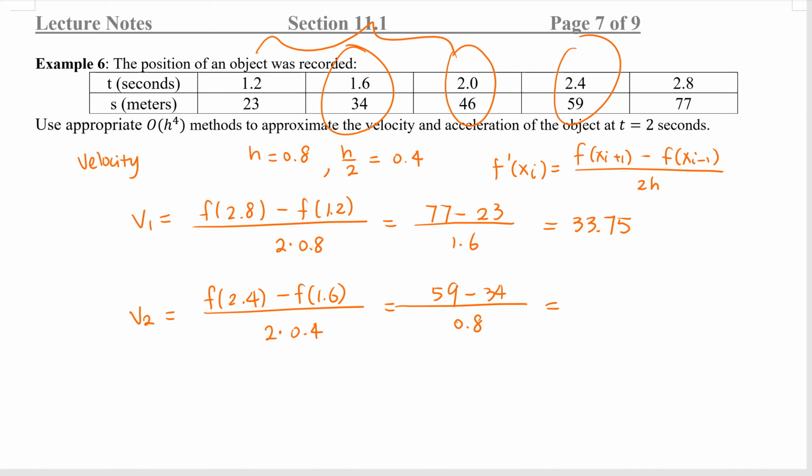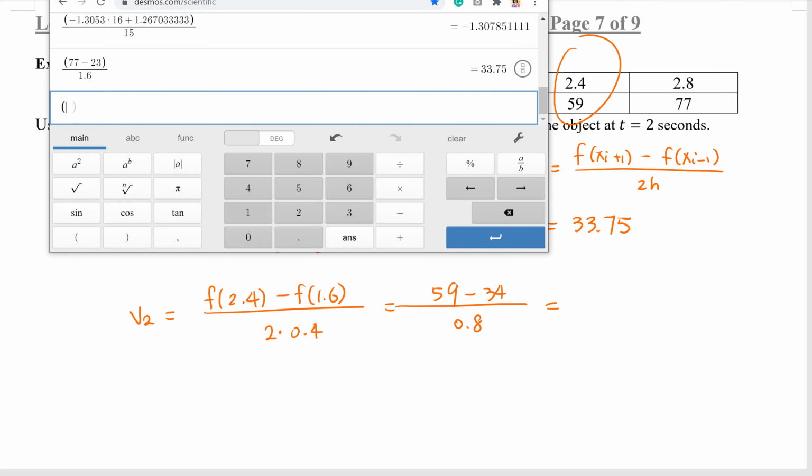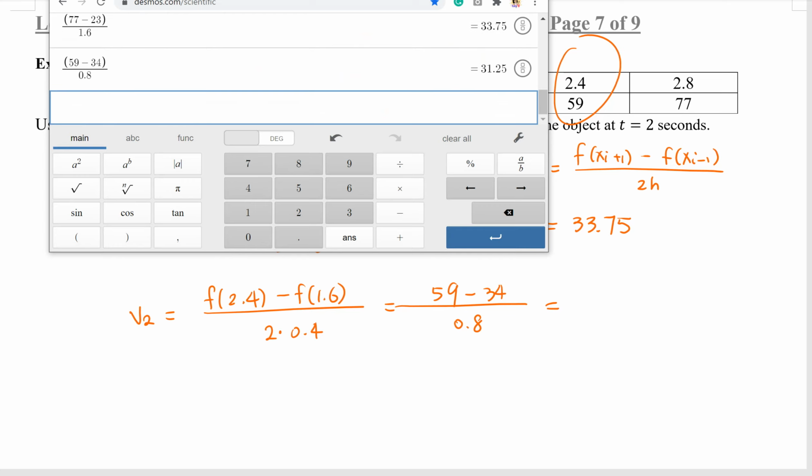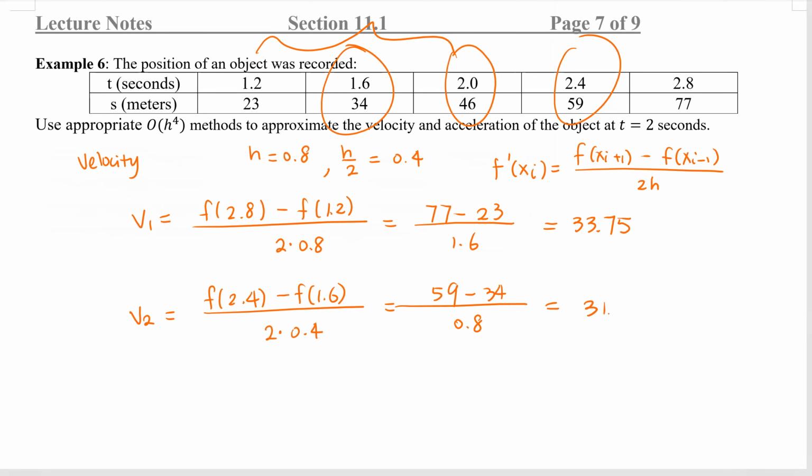So we get 59 minus 34, divided by 0.8, 31.25. Okay, so we get the first approximation and the second approximation.